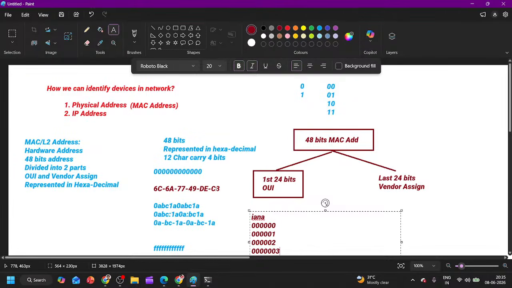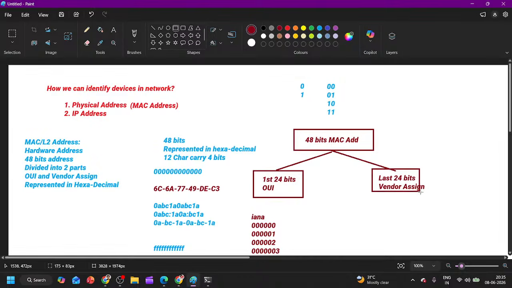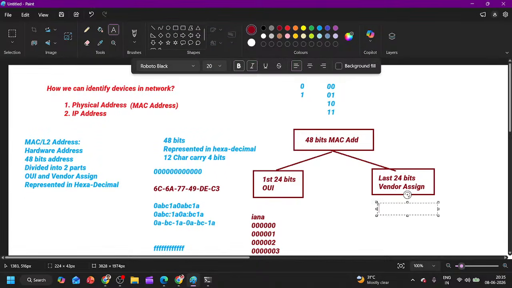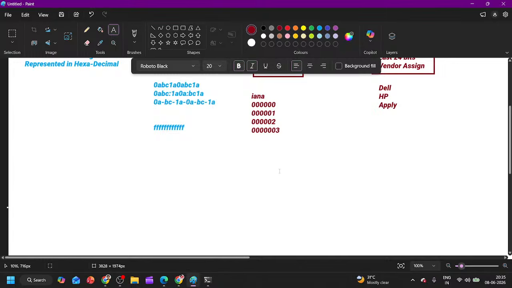These are the OUIs. And here are some vendor companies, for example Dell, HP and Apple, whatever, who need some MAC addresses for their NICs. You can imagine vendors who manufacture networking devices.